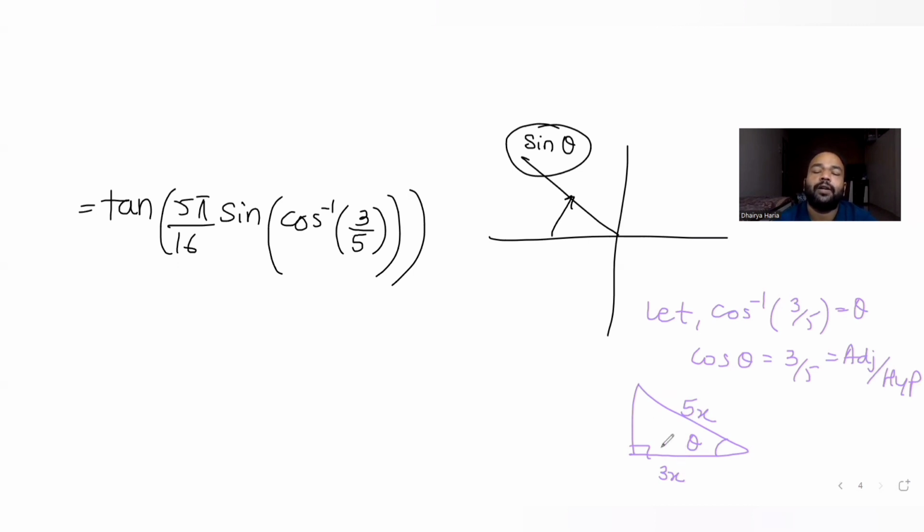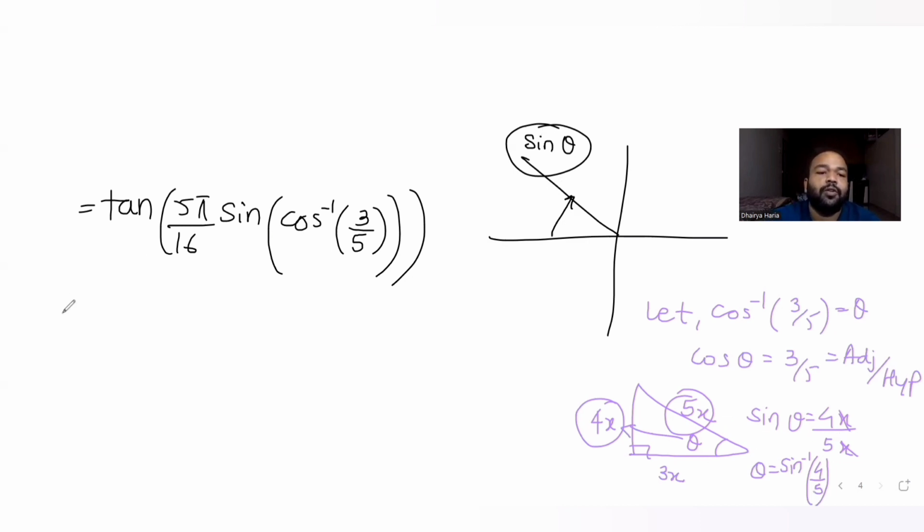If you solve using the Pythagoras theorem, you will get the third side as 4x. So I get sine theta as 4x upon 5x, because sine theta is opposite side upon hypotenuse, where the hypotenuse is 5x. The x gets cancelled, and you get theta as sine inverse of 4 by 5.